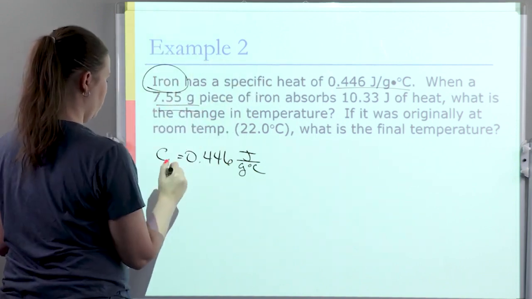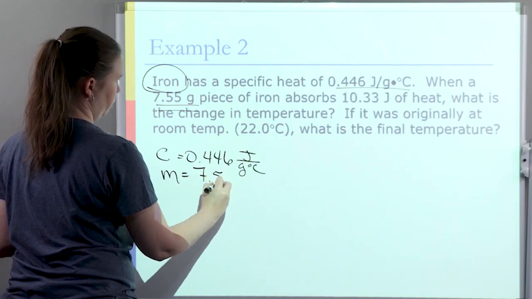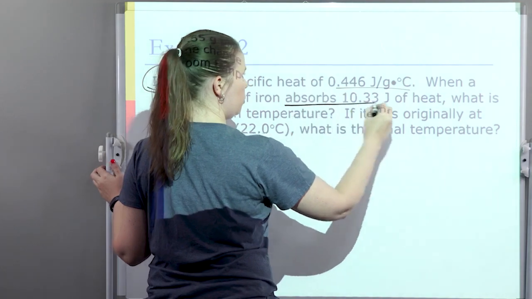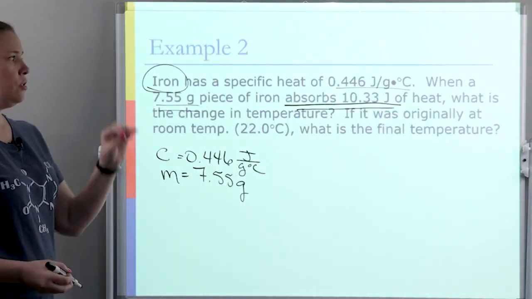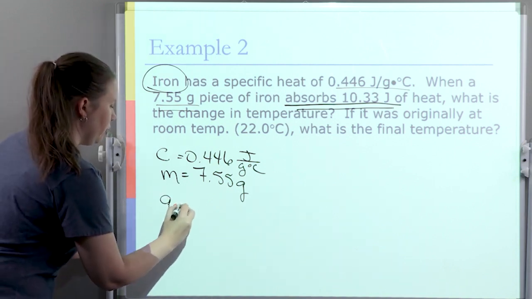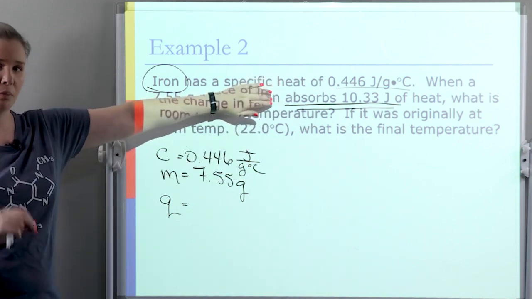Next number is my grams. So grams is going to measure my mass, so 7.55 grams. And then it's going to absorb 10.33 joules of heat. So heat, or joules, we're going to use the letter Q. Whenever you're writing the Q, you give it a sign on purpose.